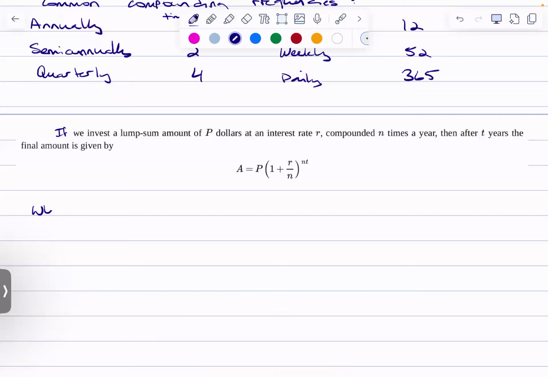So here, where, and I'll do it in pink because it's new, N is the number of compoundings per year. That's our only new addition. All the others have the same meaning.